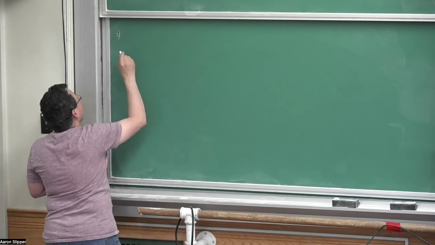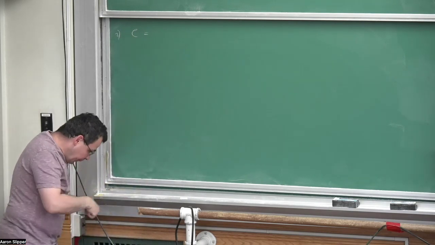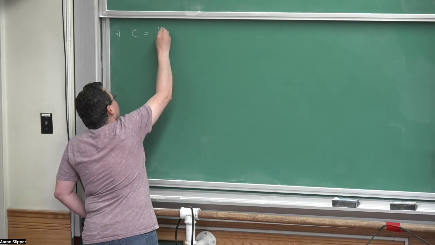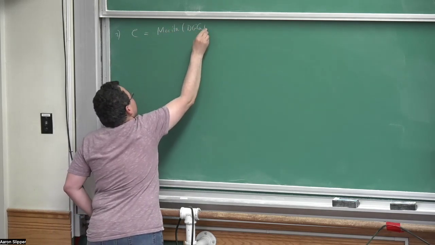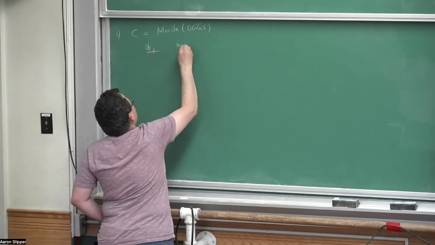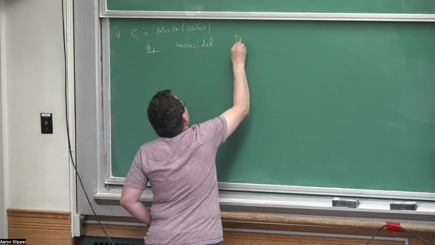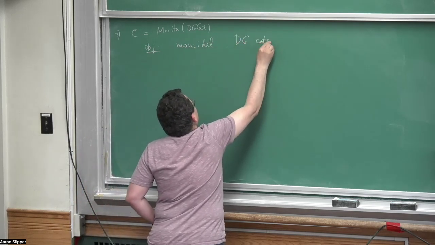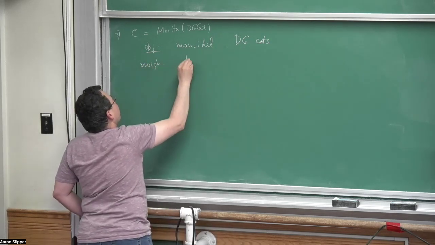Second example, and C is going to be what's called the Morita category of DG categories. So objects are monoidal DG categories. Morphisms, very imprecisely, are bimodule categories.